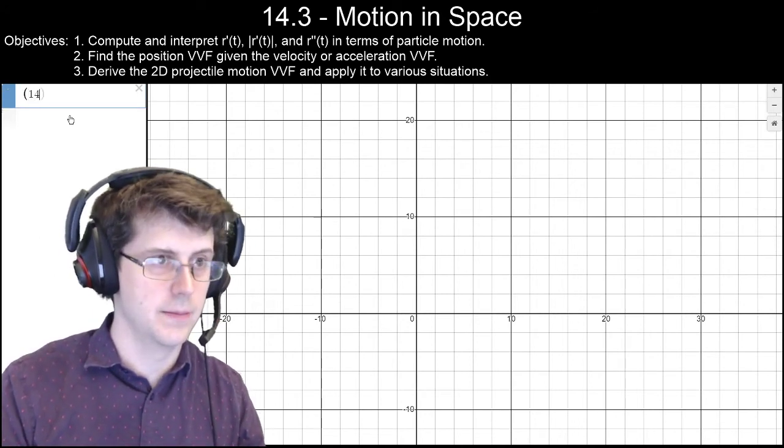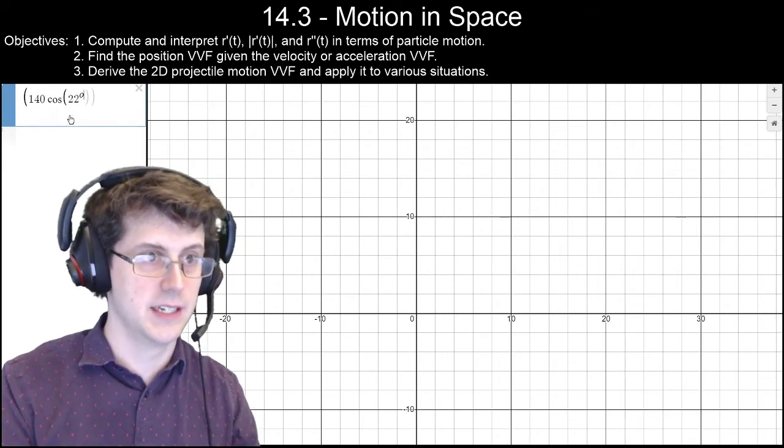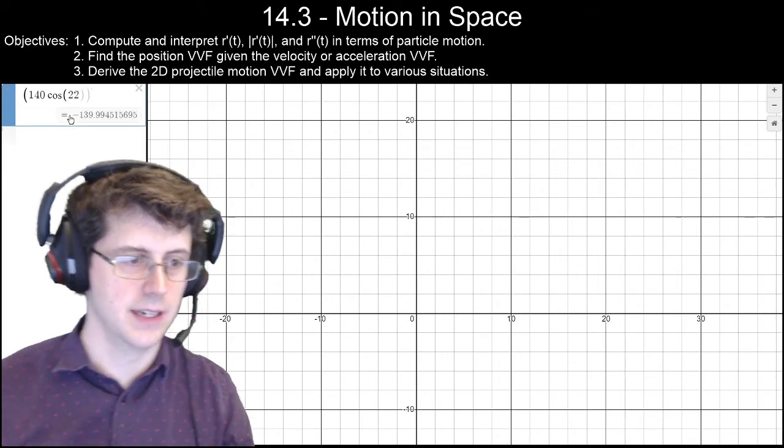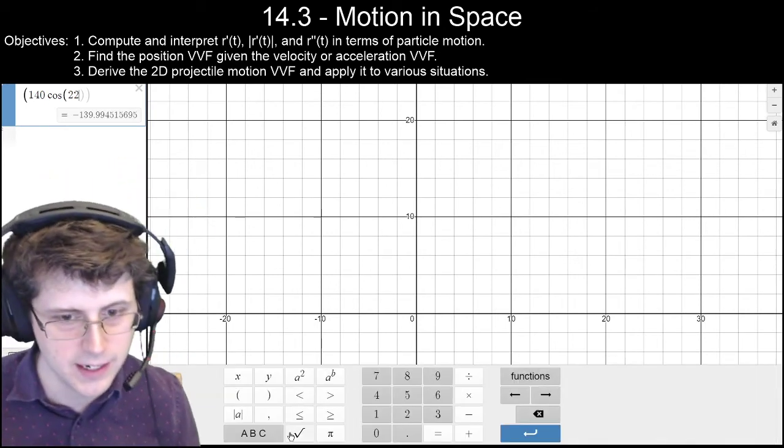Okay, we need 140 cosine of 22. Ooh, how do I get degrees in Desmos? I think there's a little calculator button down in the lower left corner.